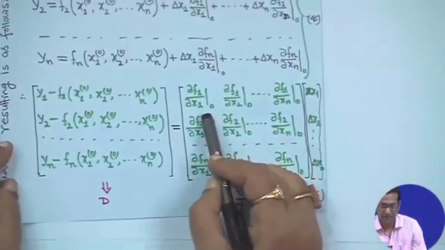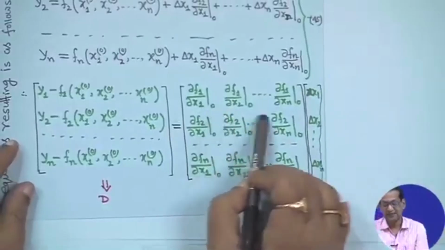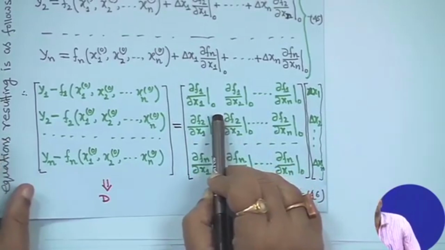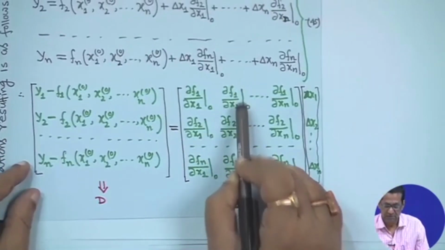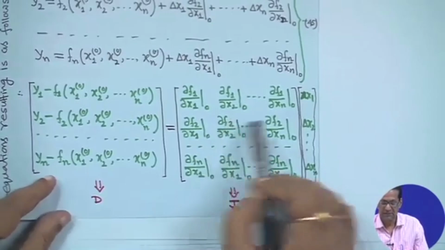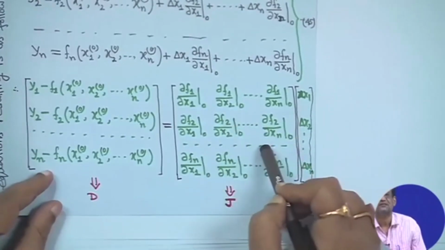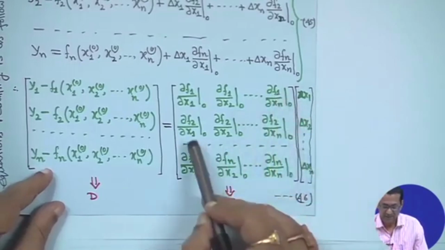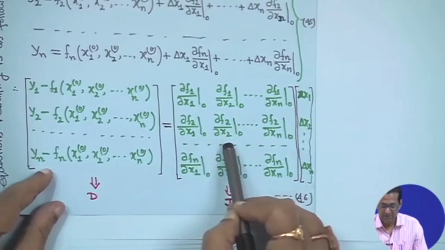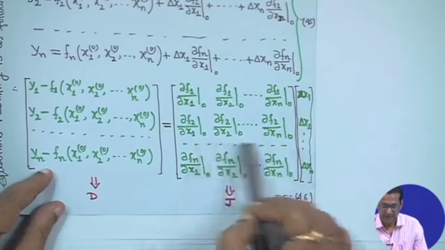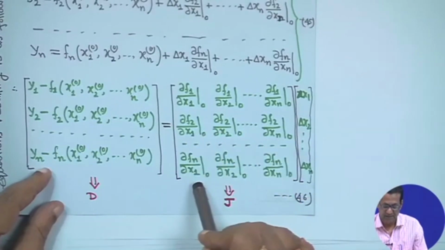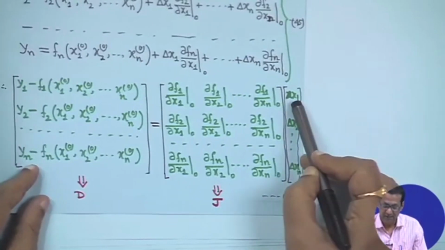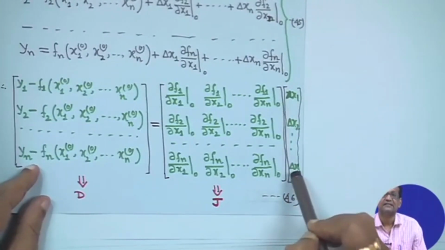It is del f1 upon del x1, del f1 upon del x2, up to del f1 upon del xn, and similarly del f2 upon del x1, del f2 upon del x2, del f2 upon del xn, and del fn upon del x1, del fn upon del x2, del fn upon del xn, multiplied by delta x1, delta x2 up to delta xn. Here we have taken the derivatives and put in the initial values. In every iteration this matrix will change.